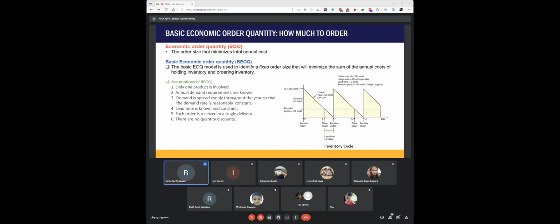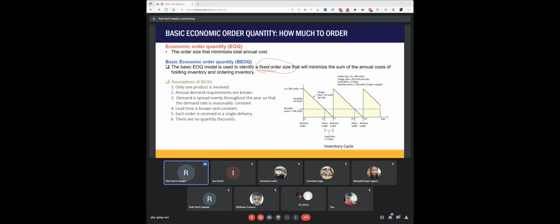That's for a higher level. In our course, we will just discuss the basic economic order quantity. This is the simplest model. Basically, the basic EOQ model is used to identify a fixed order size that will be ordered so that the sum of the annual cost of inventory and ordering will be minimized.